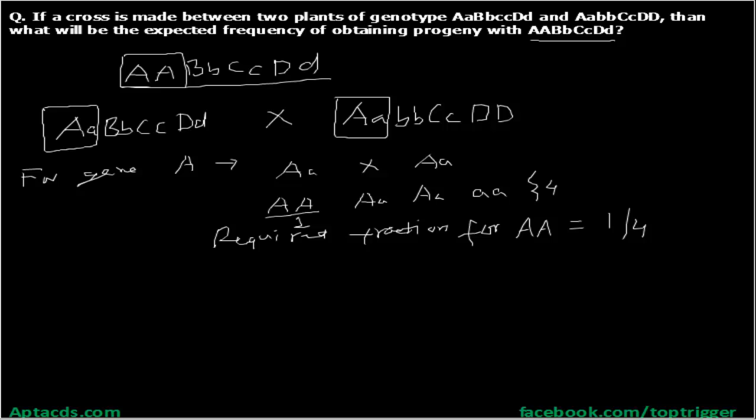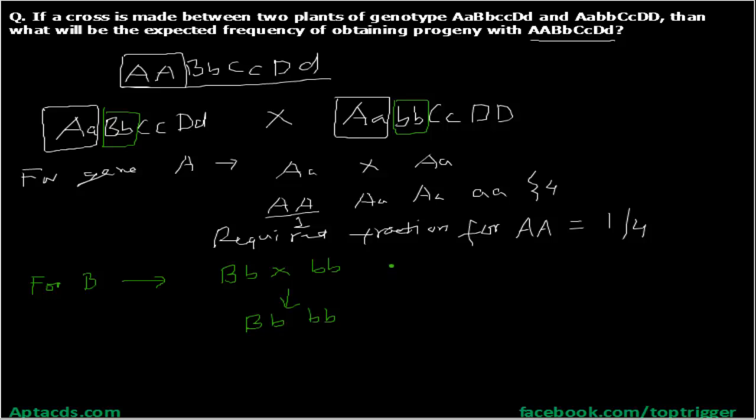Similarly, if you want to do it for B, then again we have to study this particular cross. For B, we can cross like this, capital B small b into capital B small b, so this will give us the same genotype in equal ratio.